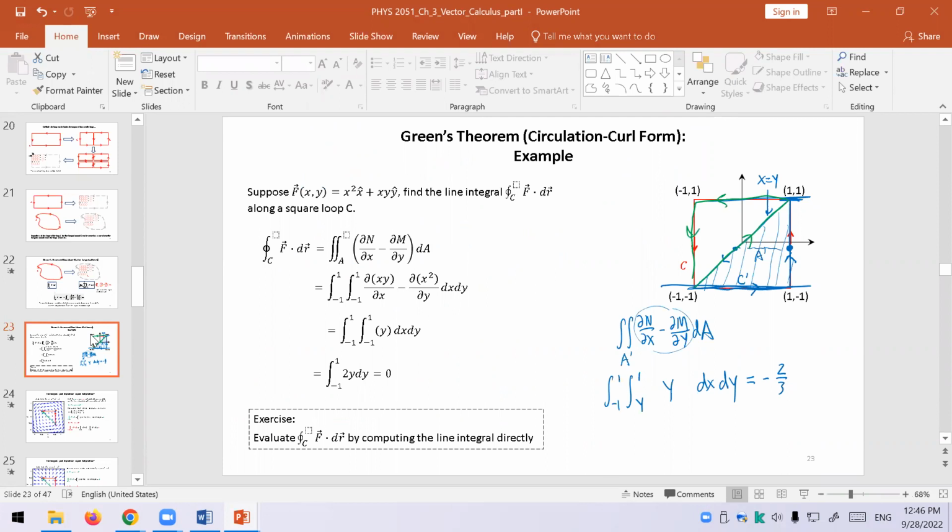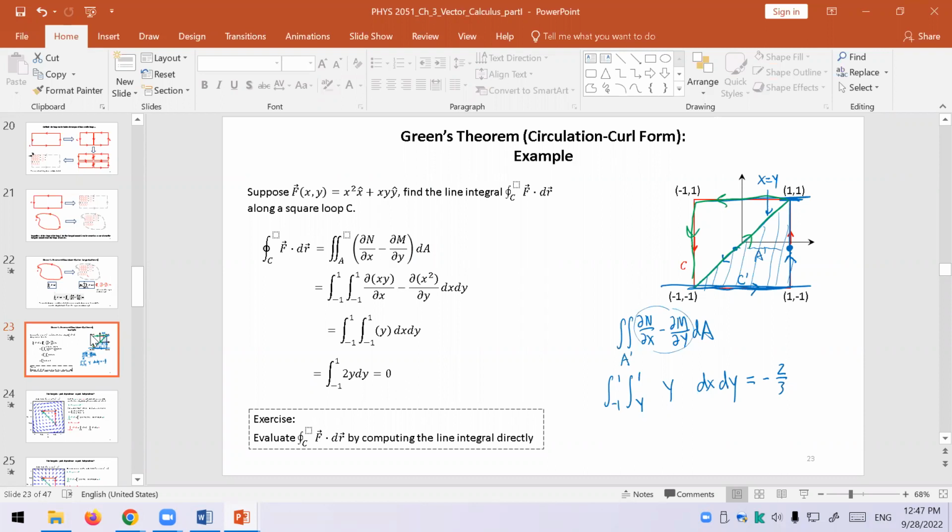So now let's go back to the comment that I made at the end of the last lecture: for some vector fields, when you do this line integral over a closed loop, you get a zero result, and for some of them it gives you a non-zero result. And that ultimately will relate to the properties of the vector field itself.